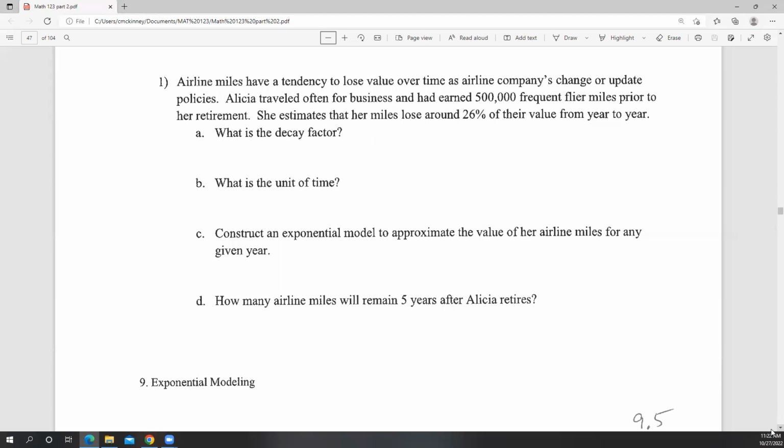So here, if she loses 26% of their value, we're going to do 1 minus 0.26. So the decay factor is 0.74. And the unit of time here is years.